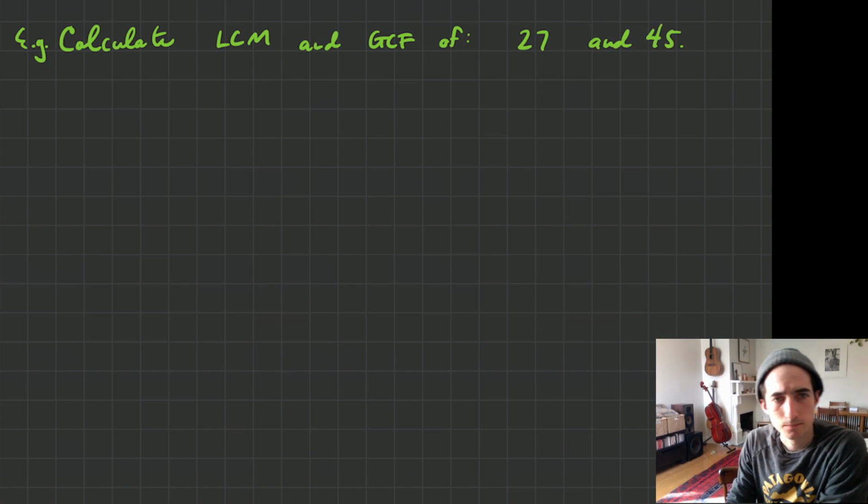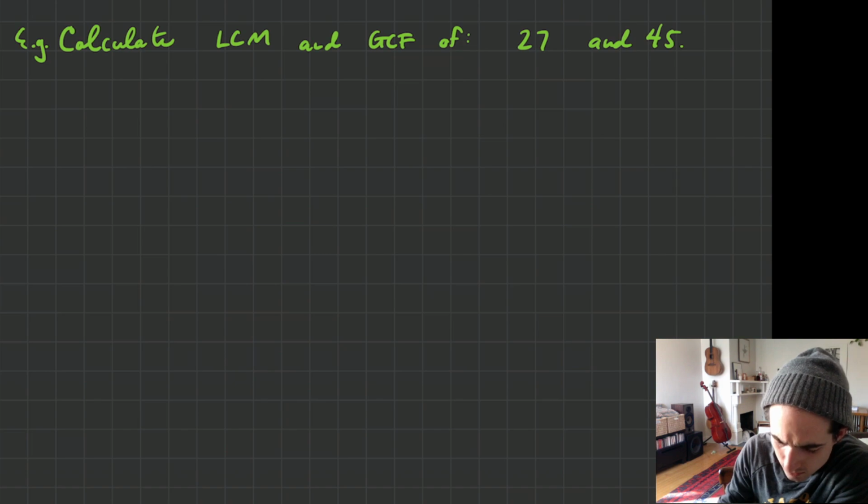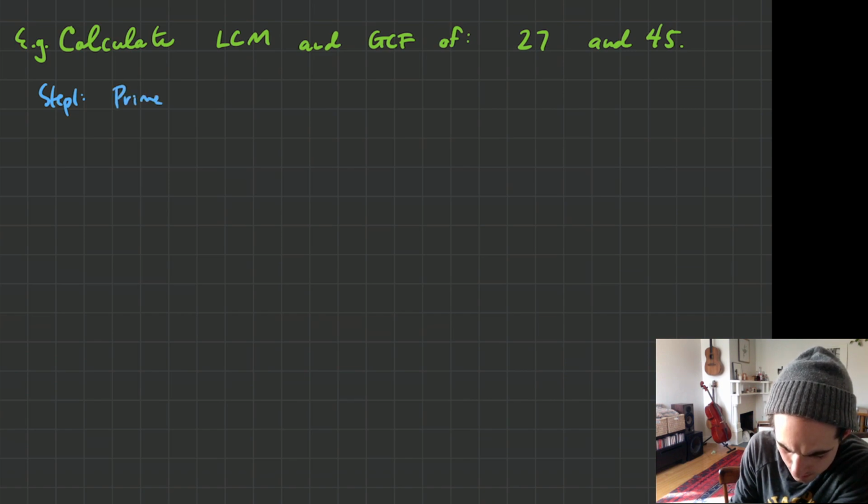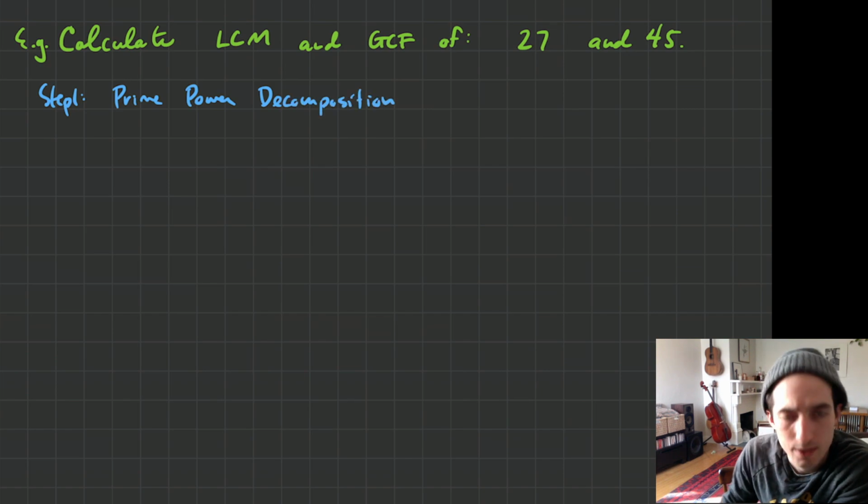Okay, so this is what we'll do. Step one is to find the prime power decomposition of both integers.